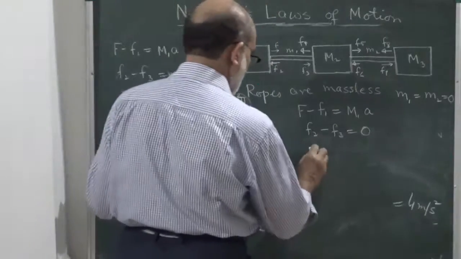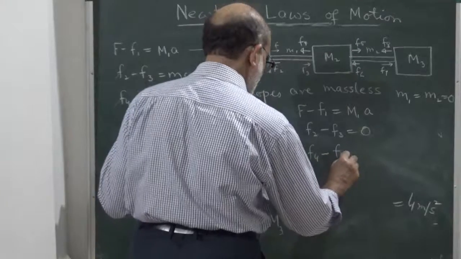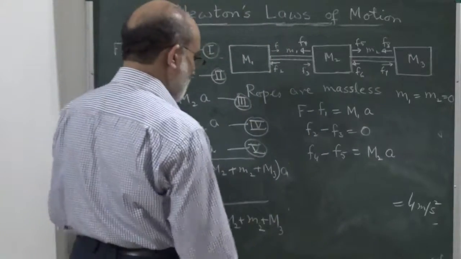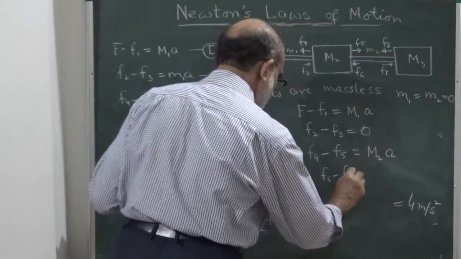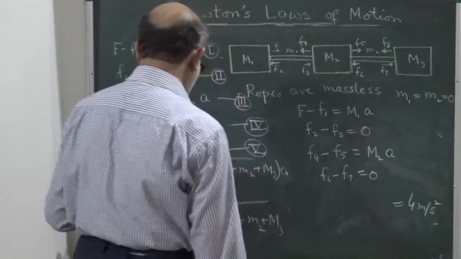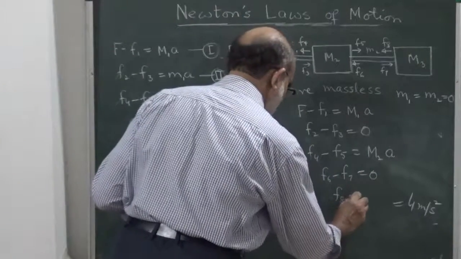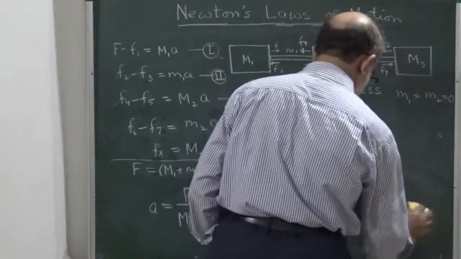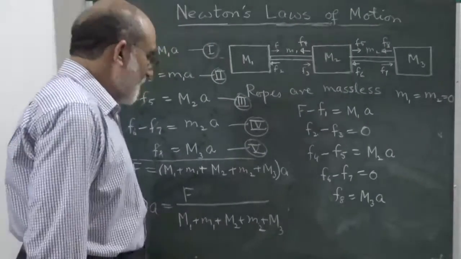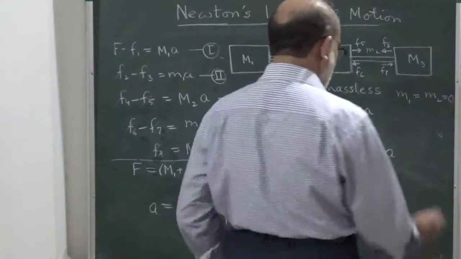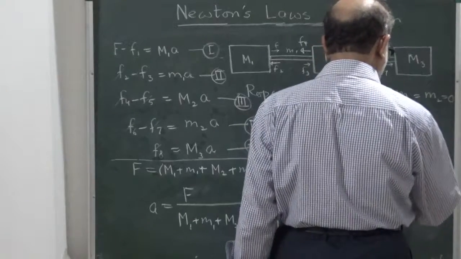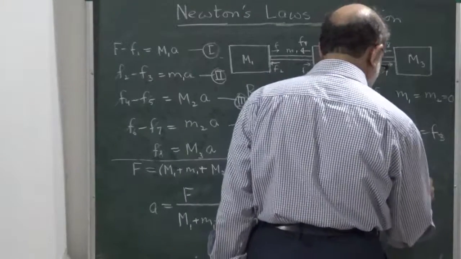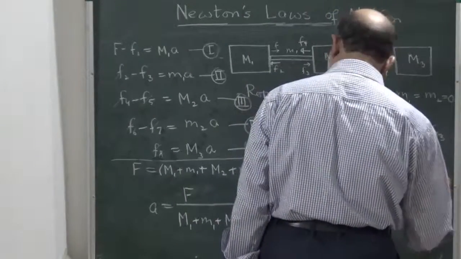And here F4 minus F5 is equal to M2A. And this one is F6 minus F7 is 0, and F8 is M3A. Now, if F2 minus F3 is equal to 0, this implies that F2 is equal to F3. And here this implies that F6 is equal to F7.